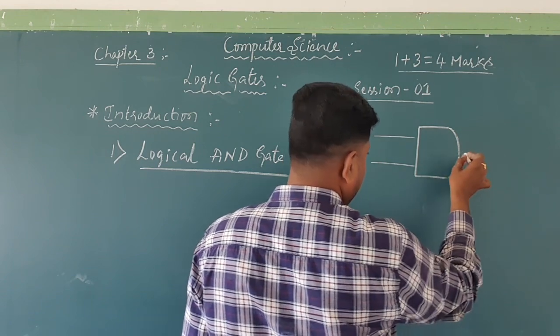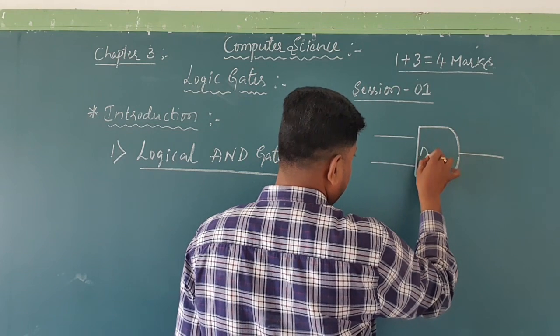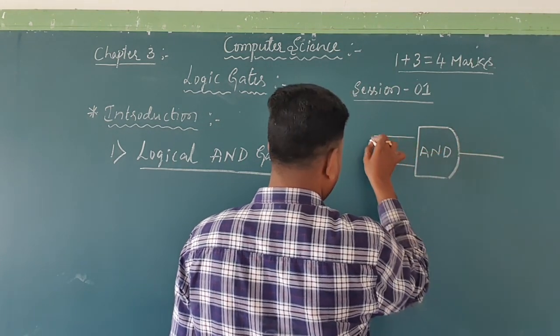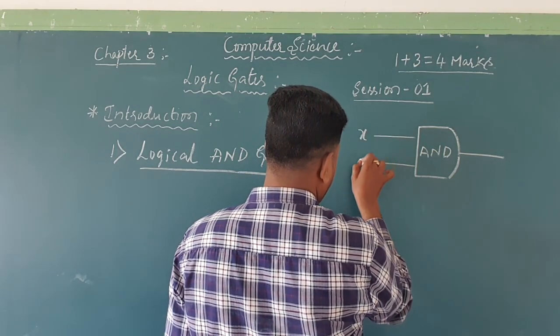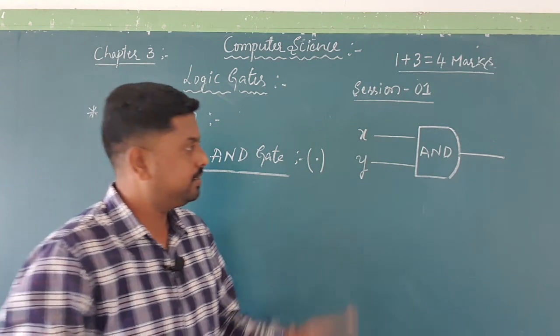Better you write the logical gate name inside the gate. I will give X and Y as the two inputs for the logical AND gate.